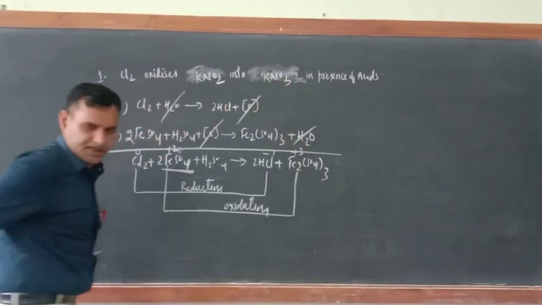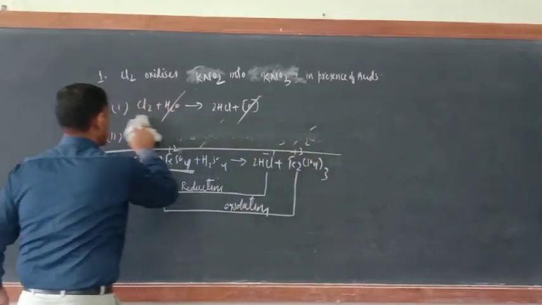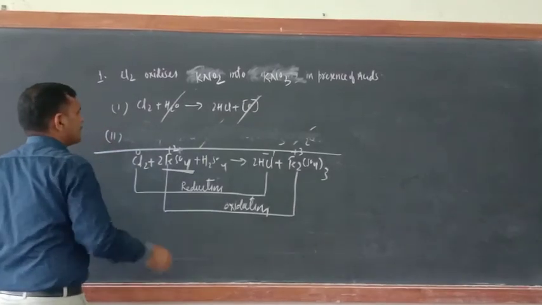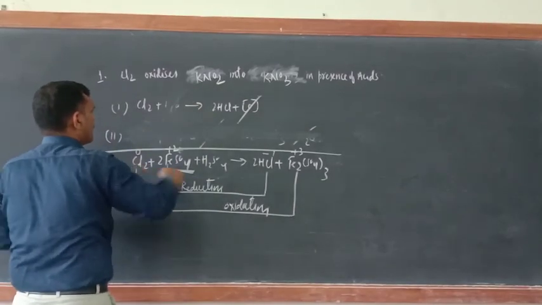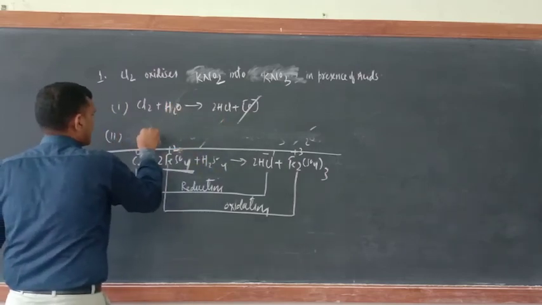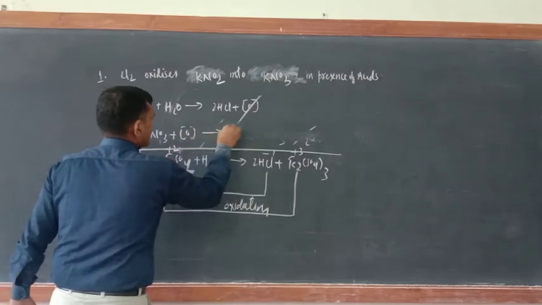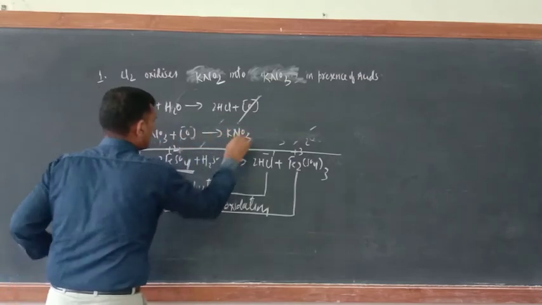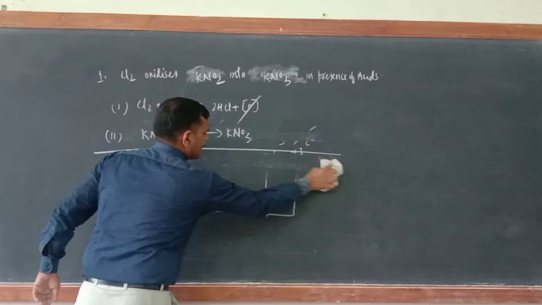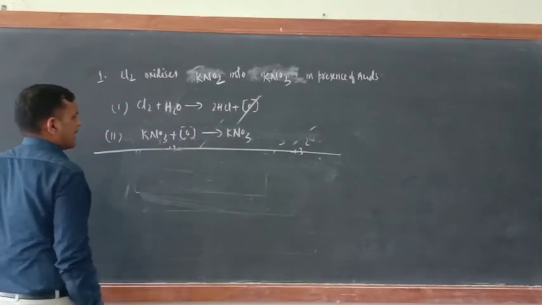Just see, the first step will be common, only the second step you have to change. Nascent oxygen is evolved here, let it be water only, H2O. Now here KNO2 plus nascent oxygen gives KNO3. Now check, everything is balanced.